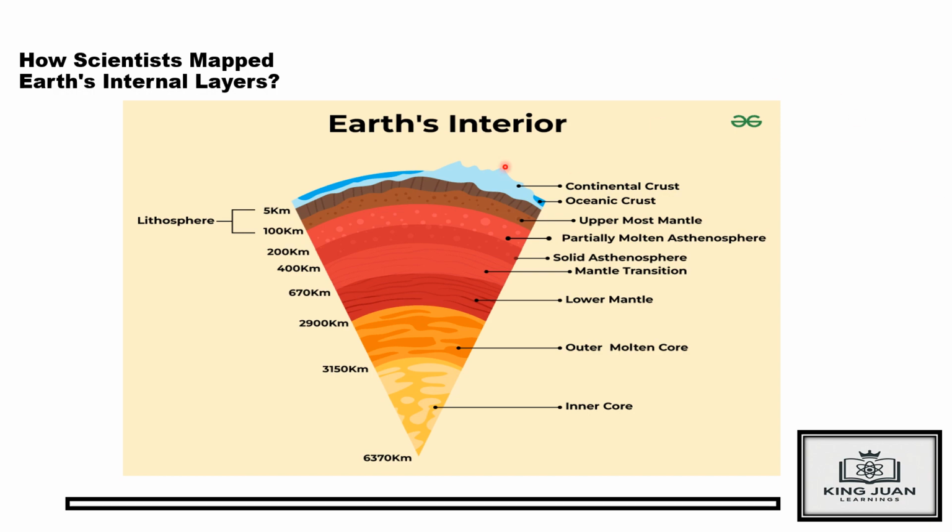By combining seismic data, gravity studies, magnetic observations, lab experiment simulations, and meteorite analysis, scientists built a detailed model of Earth's interior. Seismic waves gave us the sharpest picture, but it's the teamwork of many methods that truly reveals the planet beneath our feet.